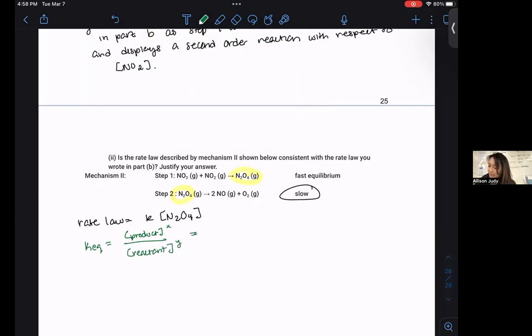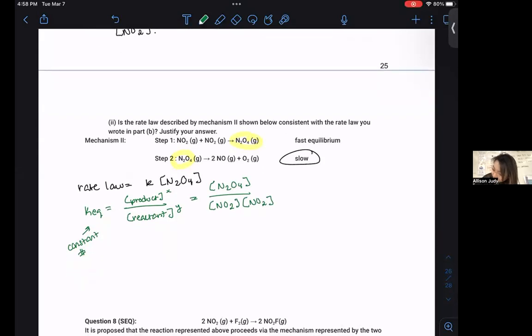My KEQ, which is just some constant number, is equal to, for step 1, where we see our intermediate as a product, N2O4 concentration raised to the power of 1, divided by NO2 times NO2, each raised to the power of 1.